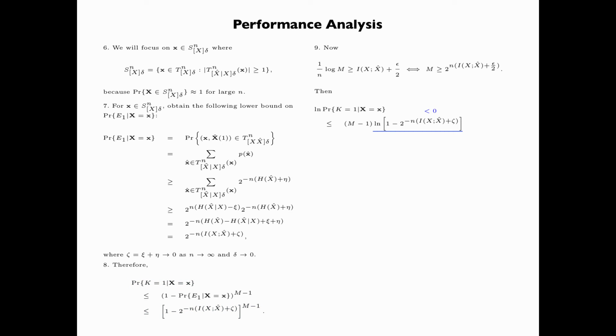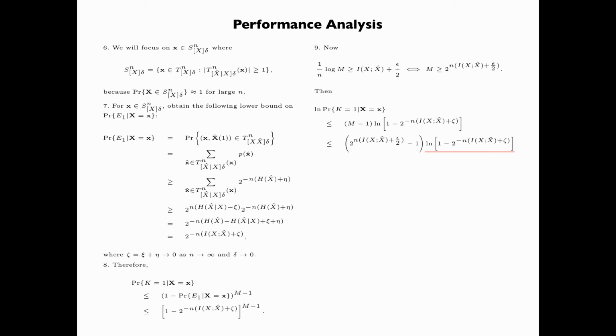Now observe that this logarithm is negative, and so by applying this lower bound on m, we obtain the upper bound (2 to the power n times (I(X;X̂) plus epsilon over 2) minus 1) times log of (1 minus 2 to the power minus n times (I(X;X̂) plus zeta)).